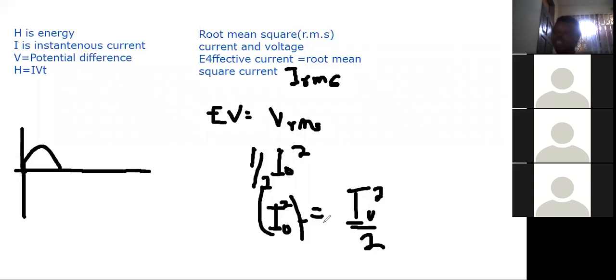And this I squared is the same as the root mean square, just as I already read.